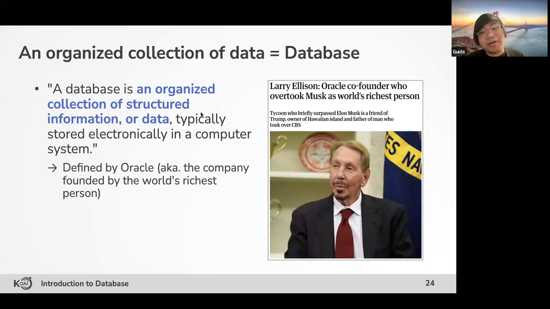I didn't personally know him, but I know of him because he's a co-founder of Oracle. He's a database guy. I personally don't like his lifestyle, but he got there by creating this database company. So the richest person came from a database company.